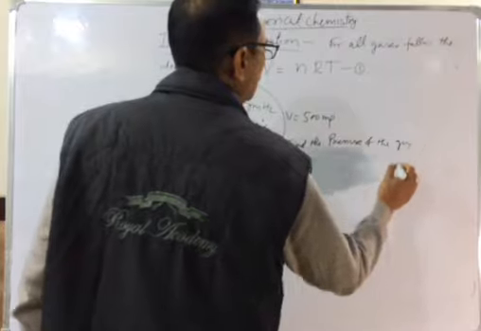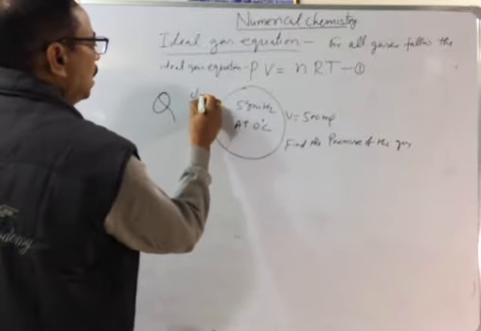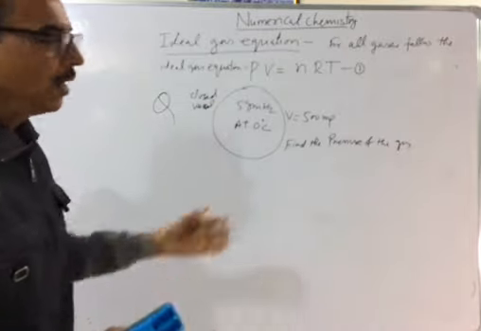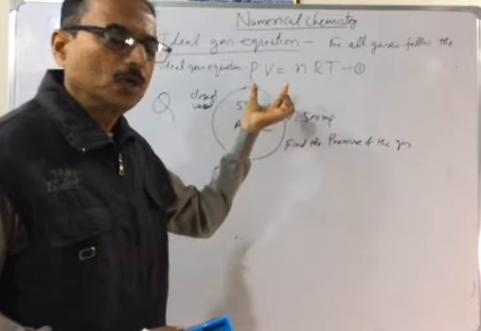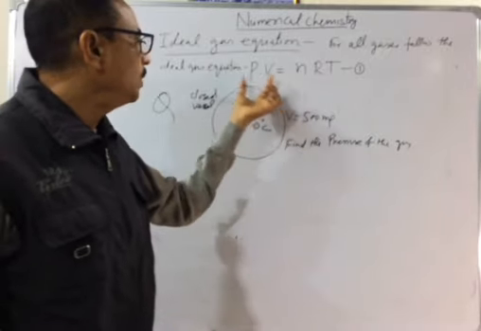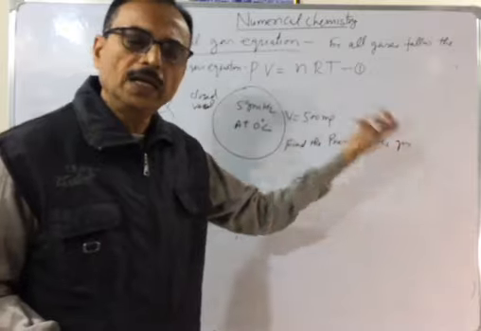So suppose this is the question first. This is a closed vessel. 5 gram of hydrogen put here at 0 degree centigrade. Volume of the container is 500 ml. Find the pressure of the gas.